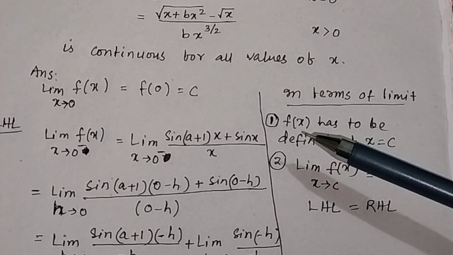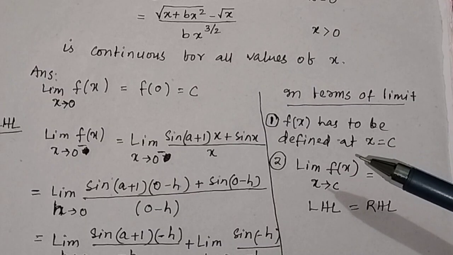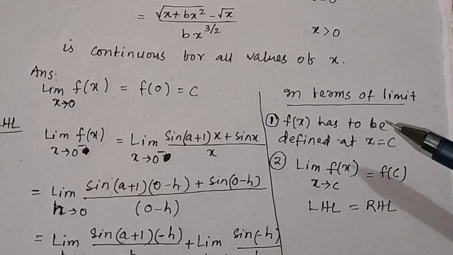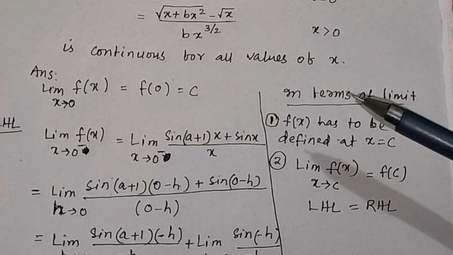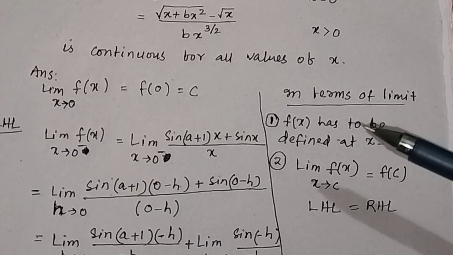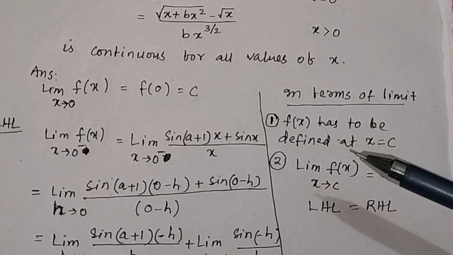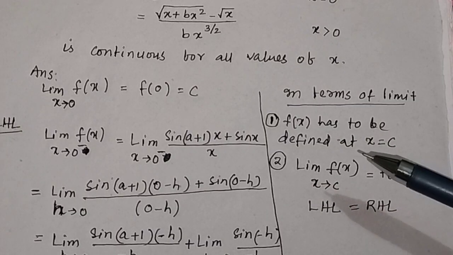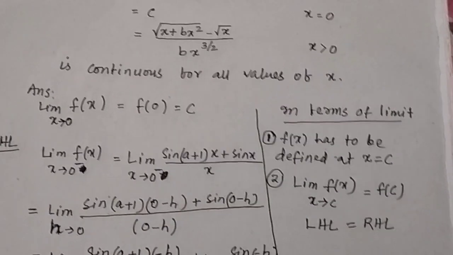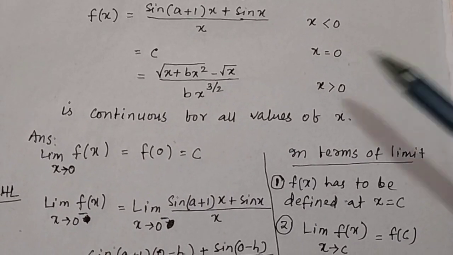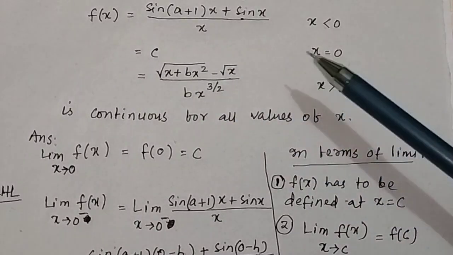Number one, f(x) has to be defined at x equal to c. This is the first condition to test the continuity of the function in terms of limit. The function has to be defined at x equal to c, and this condition is given because f(x) is equal to c at x equal to 0.